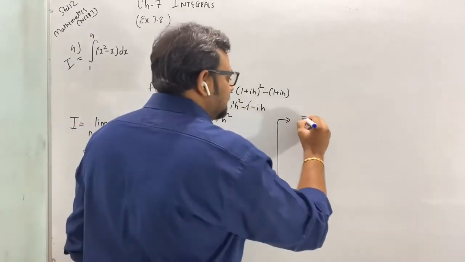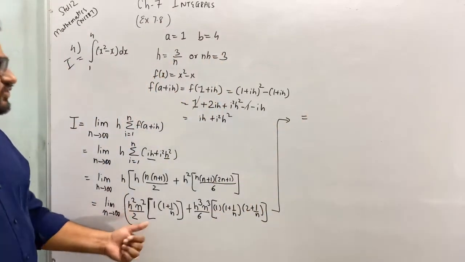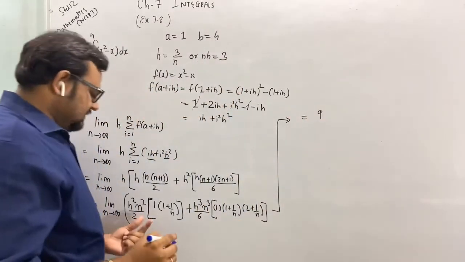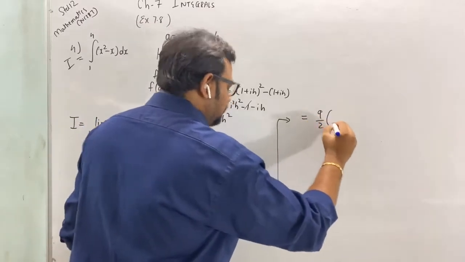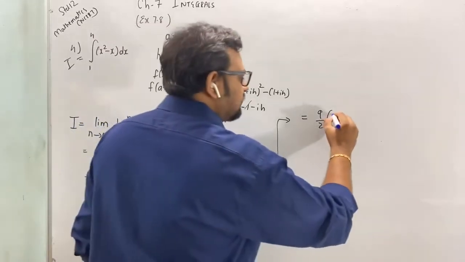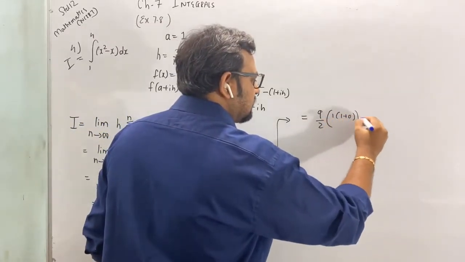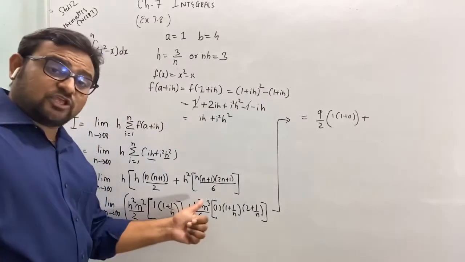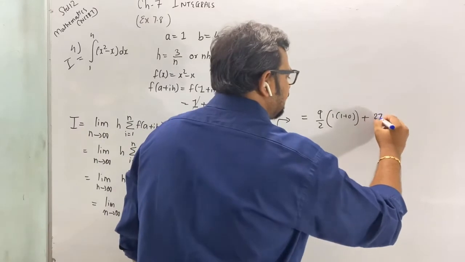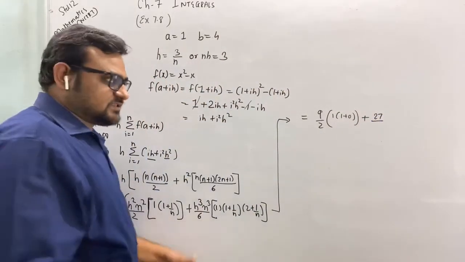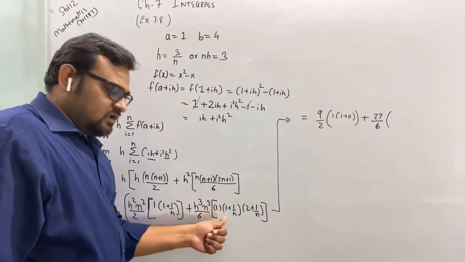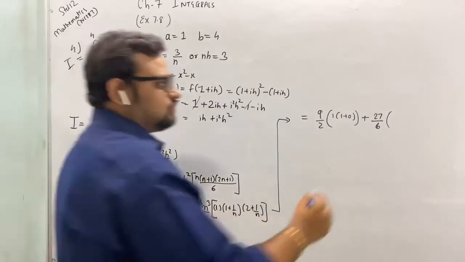So this will be equal to n square h square, 3 square, 9 by 2, into 1 into 1 plus 0, plus n cube h cube, that is 3 cube, 27 by 6, into 1 plus 0, 2 plus 0.